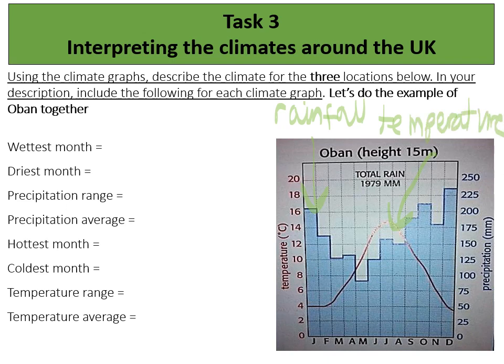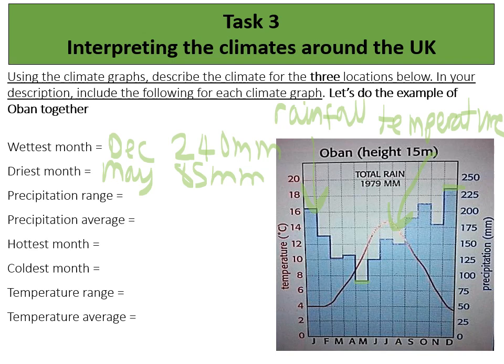So the wettest month is the area that has the highest bar chart, which I would say was this one. So that is December. So the wettest month is December, and it was roughly about 240 millimeters of rain. The driest month is the smallest bar chart, which I would say was May, and the rainfall was about 85 millimeters, give or take.